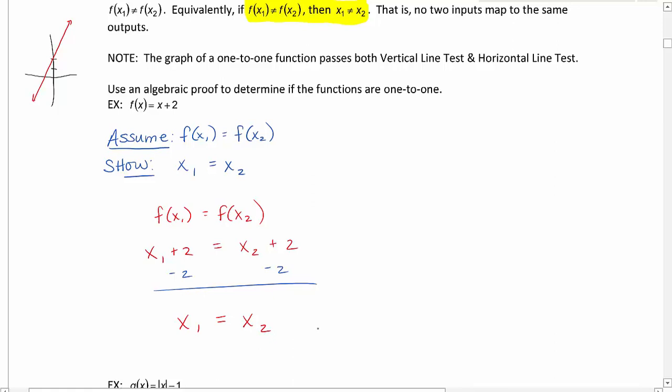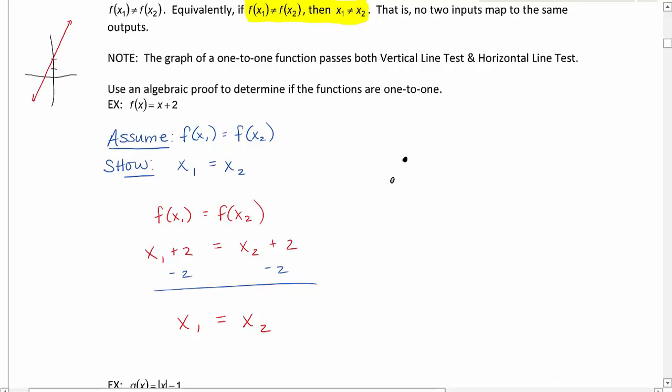So we started with f of x1 being equal to f of x2, and from that we were able to show that x1 equals x2. Therefore, we have a one-to-one function here. But now, since we're writing a proof, we actually have to put in a wrap-up statement. So here's the beginning of our proof that we've written so far, but now for our wrap-up statement, we want to say therefore.